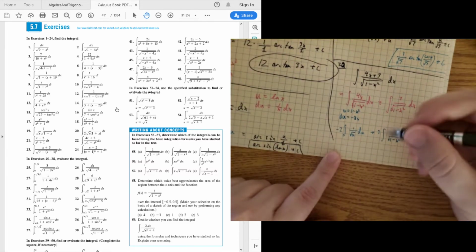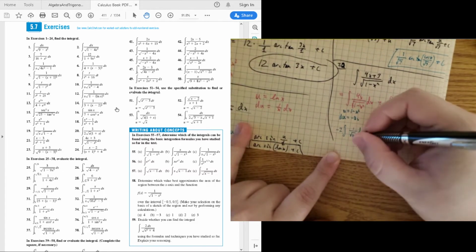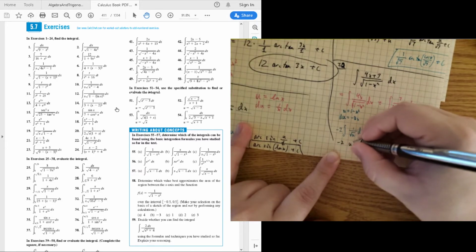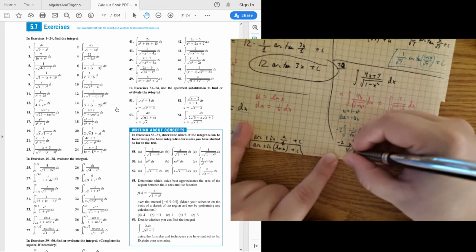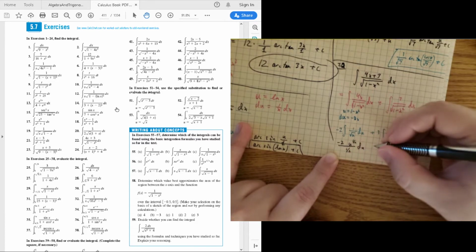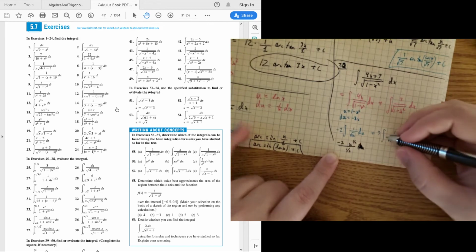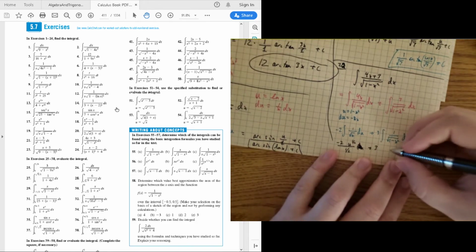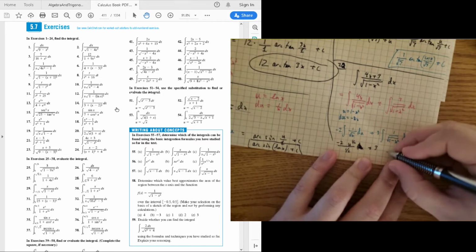This first one, when I integrate, I would get negative 2 u to the 1/2 power divided by 1/2, plus 3. And the 3 is the arc sine.